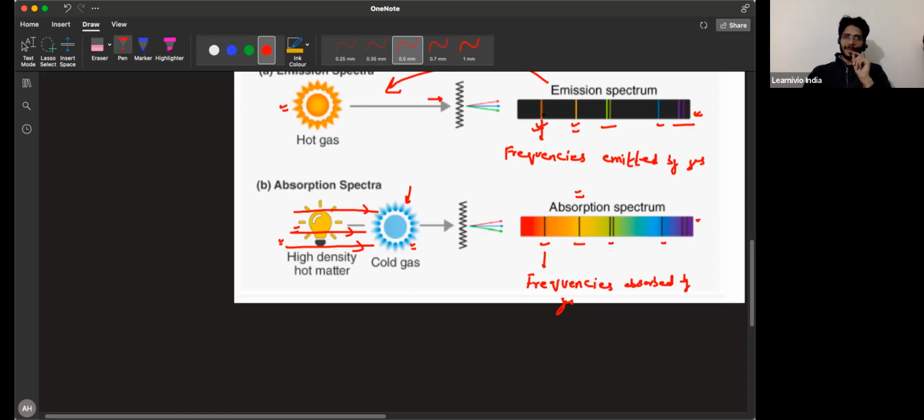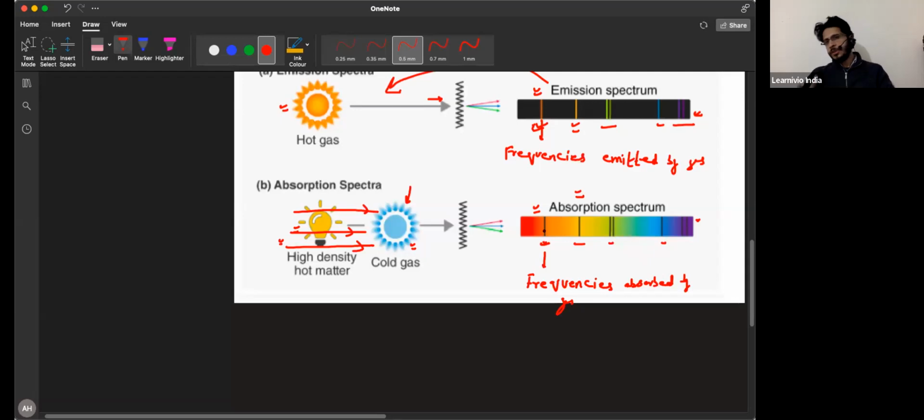Can you guess any relation between the frequencies of the lines of the emission spectrum and the lines of the absorption spectrum? These are the frequencies emitted by the gas, and in absorption, these are the frequencies absorbed by the gas.